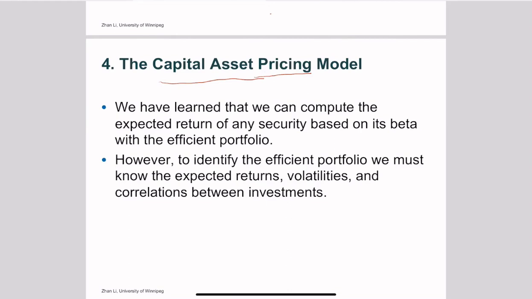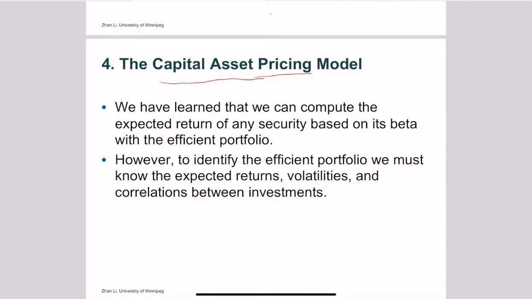So how do you get the correct discount factor when the cash flows are risky? Well, you could use CAPM. You could use this capital asset pricing model to find out the correct discount factor, the correct cost of capital. So that's why CAPM is also very useful in corporate finance.